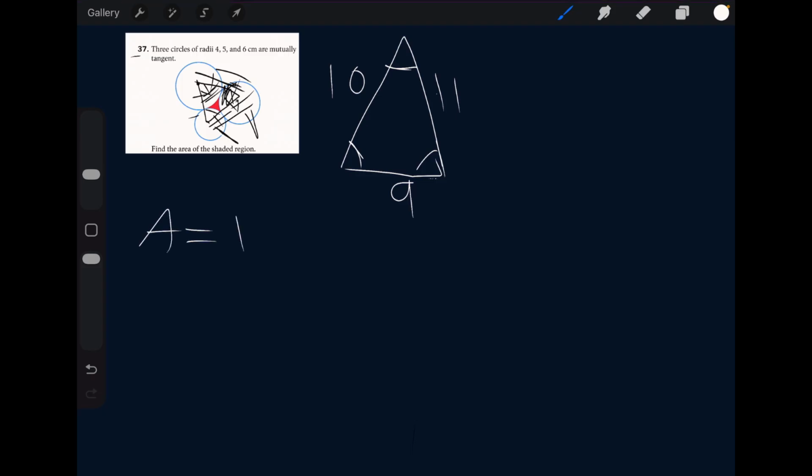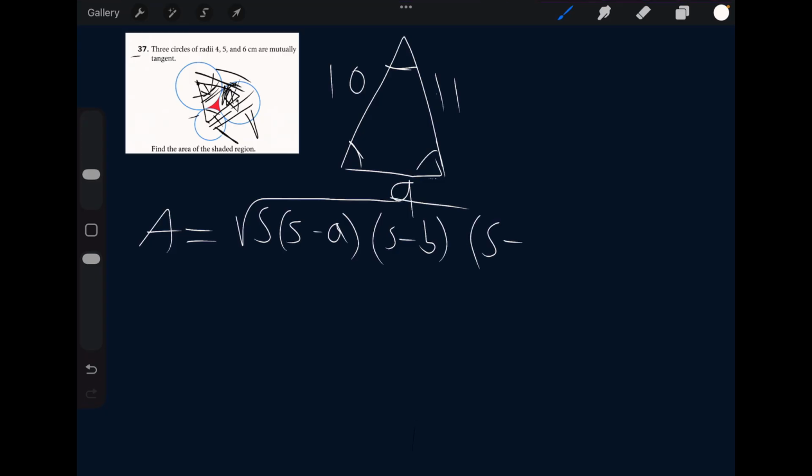Area equals the square root of S, which equals half the perimeter, times S minus A, which is one of the sides, times S minus B, which is another side, and S minus C, which is S minus the last side. In this case, S will equal the perimeter over 2, and that'll be 9 plus 11 plus 10 over 2, and that'll equal 15.